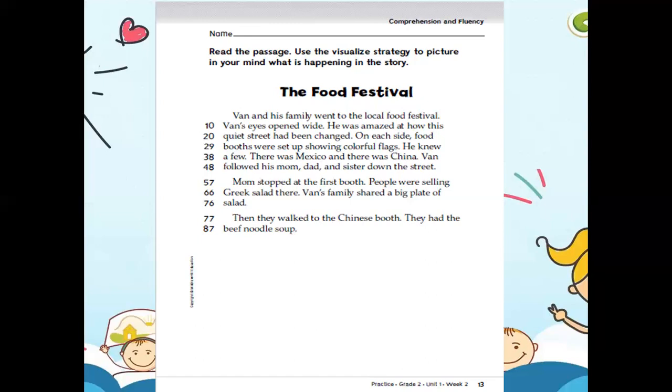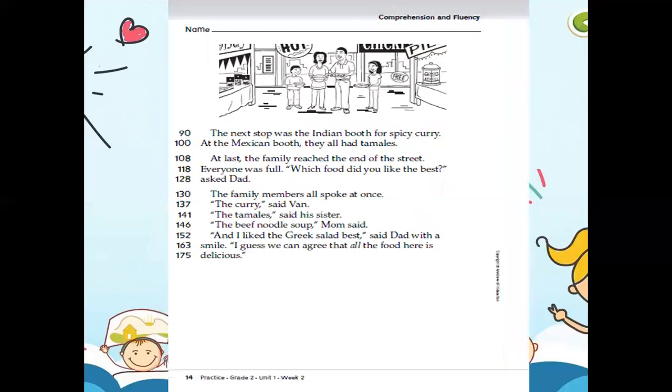Van followed his mom, dad, and his sister down the street. Mom stopped at the first booth. People were selling Greek salad there. Van's family shared a big plate of salad. Then they walked to the Chinese booth. They had the beef noodle soup.